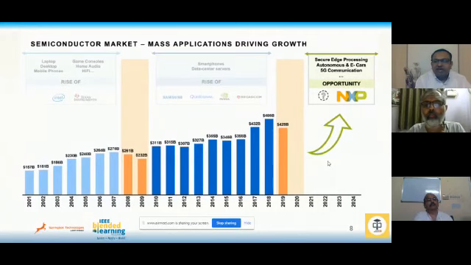So clearly NXP has a big role to play, NXP being number one in the auto market and supplying silicon for the auto market today. And clearly this wave is going to be redefining how this whole industry is going to be shaping up for the smart cities and everything smart, everything aware, and everything safe and secure, as I had explained earlier.